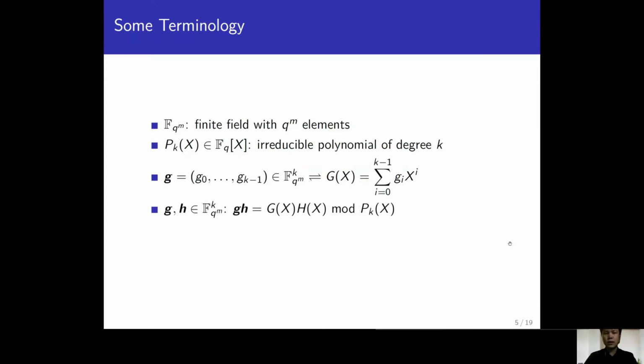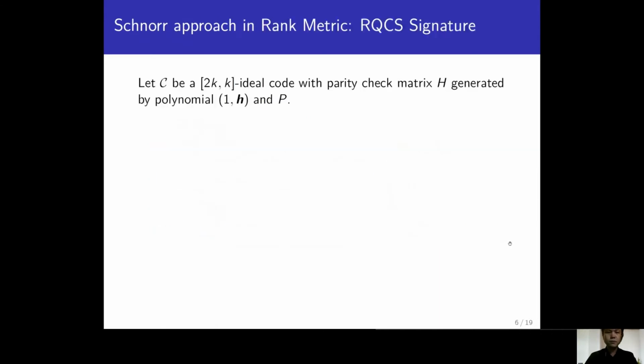Given 2 vectors G and H, I denote G multiplied by H as the multiplication of these 2 polynomials G(x) and H(x) modulo P. If I can find another polynomial such that G multiplied by it is equal to 1, then we call this vector G inverse, and we call G an invertible polynomial.